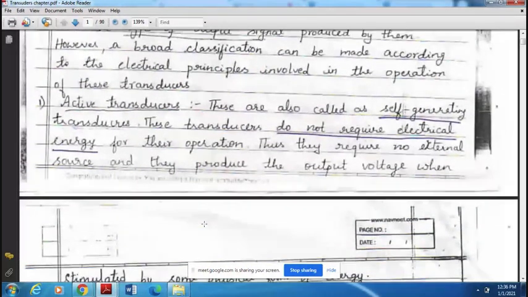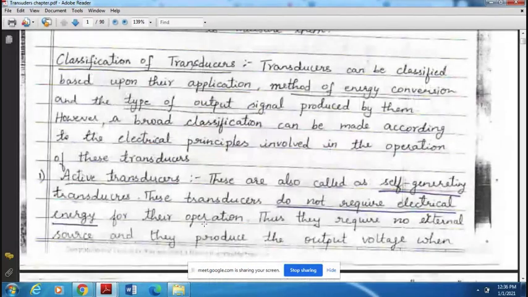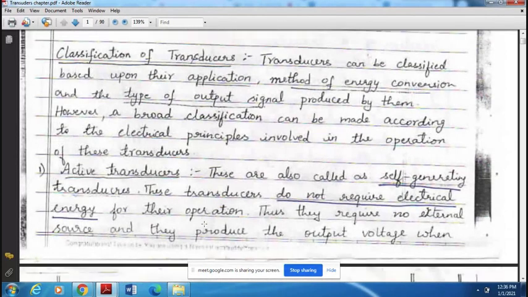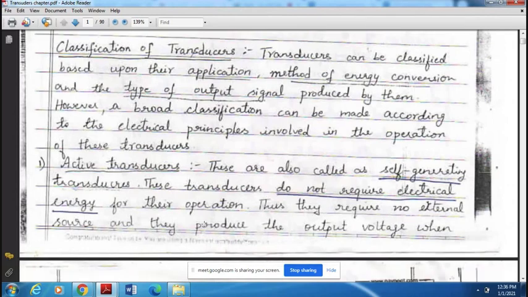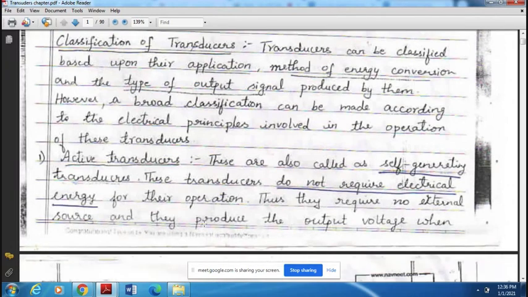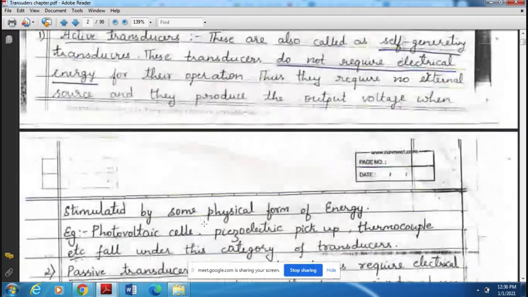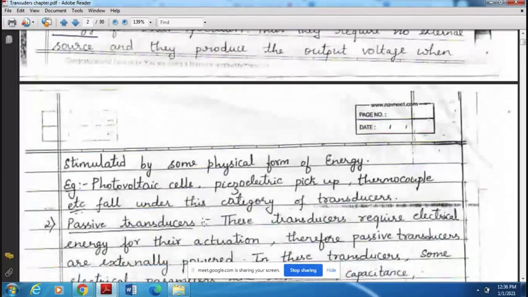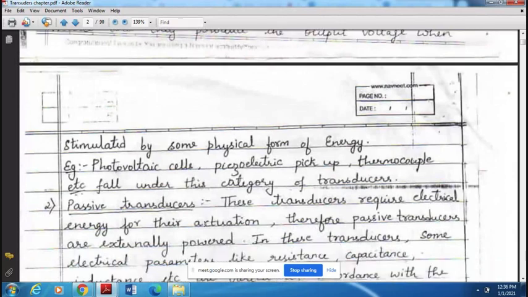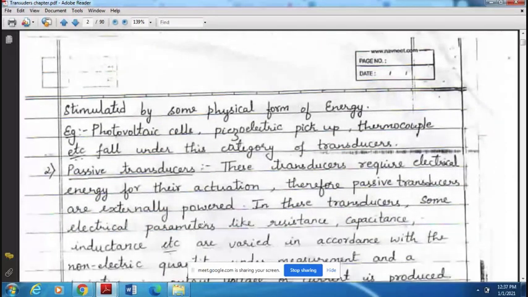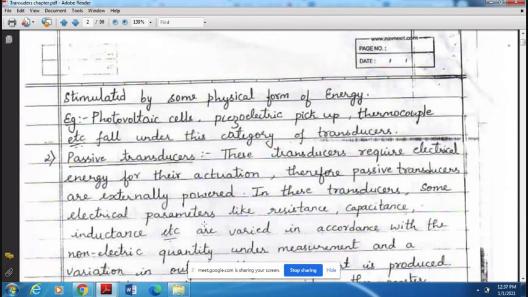Firstly, transducers are classified as active and passive. Active transducers are also called self-generating transducers, as they do not require any external energy for their operation, whereas passive transducers require external energy for their operation, and they cannot conduct on their own. For example, we consider parameters like resistance and capacitance, whose output is varied in accordance with the supply which is given.